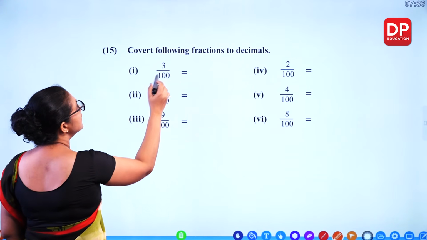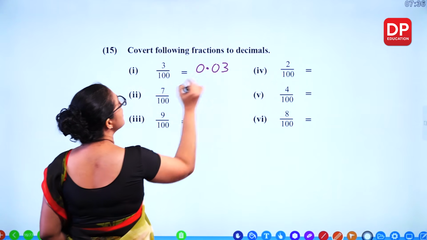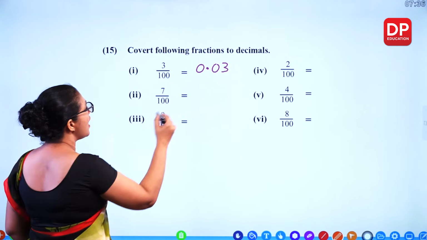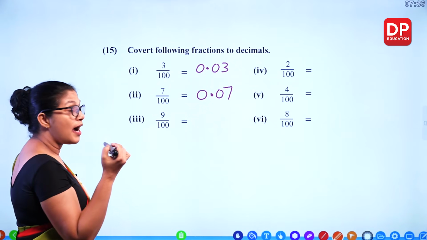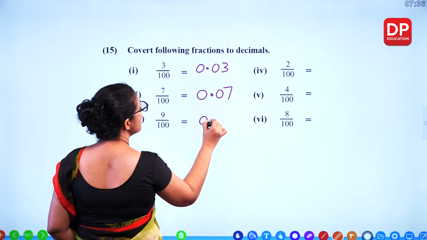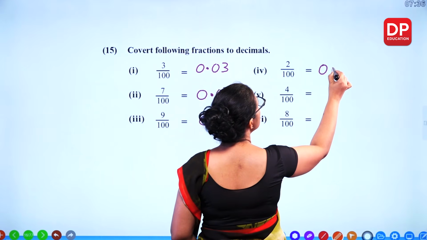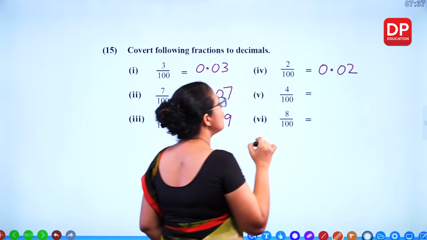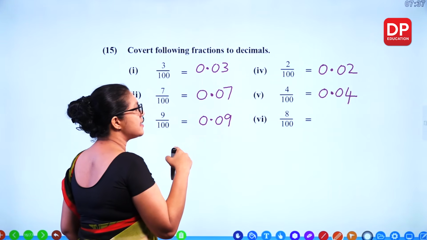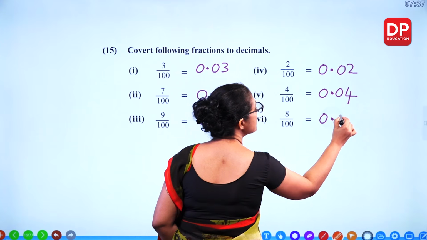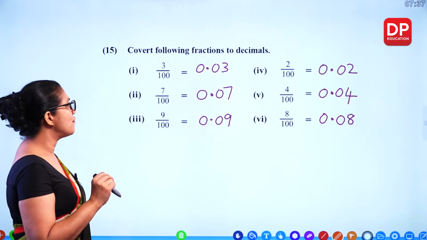You put two places. 3 over 100 is 0.03. 7 over 100 we can write 0.07. 9 over 100, 0.09. 2 over 100, 0.02. 4 over 100 we can write 0.04 and 8 over 100, 0.08. So two decimal places when you divide by 100.